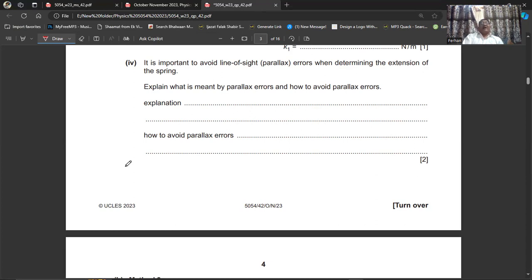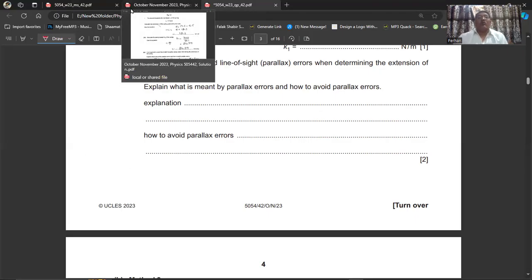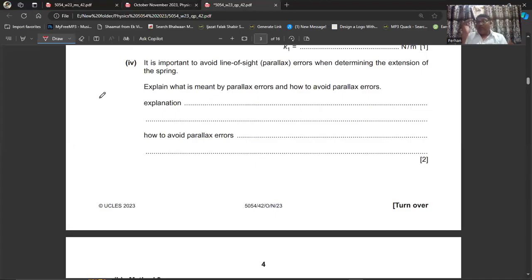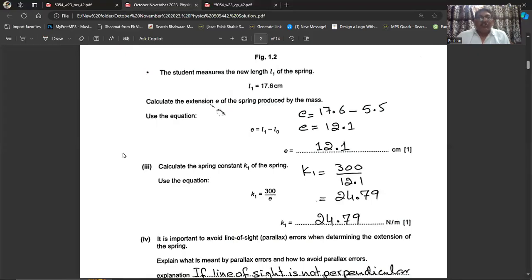If it is not perpendicular, then due to the wrong positioning of the eye, you will note down an inaccurate reading. This is called parallax error. To avoid parallax error, the line of sight should be perpendicular to the point on the scale from where you are going to take the reading. So this is my answer.